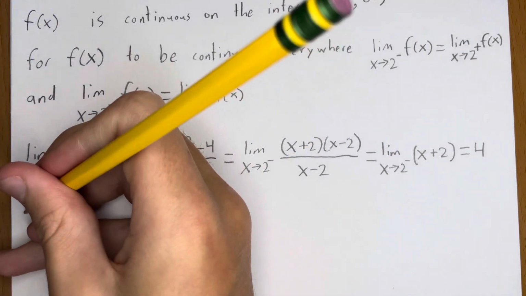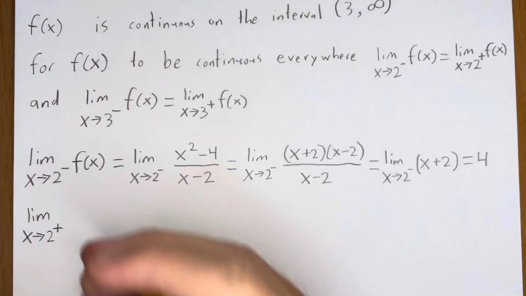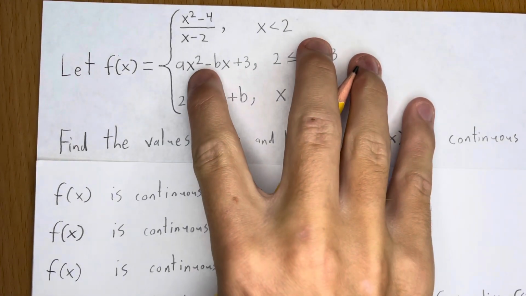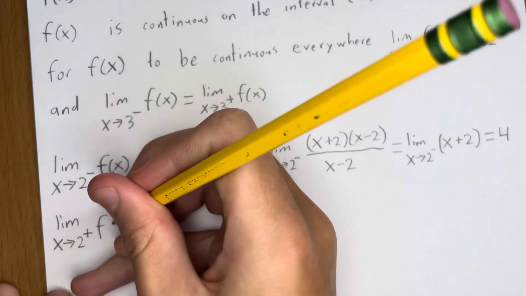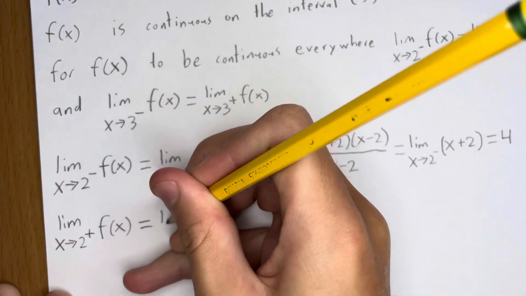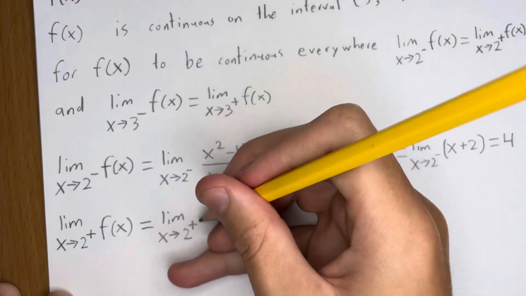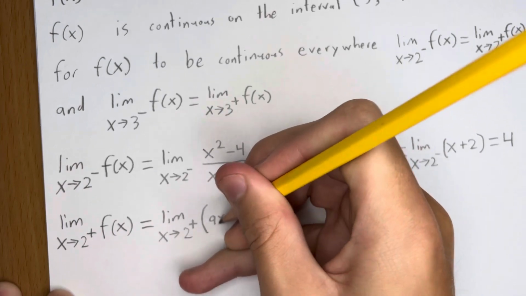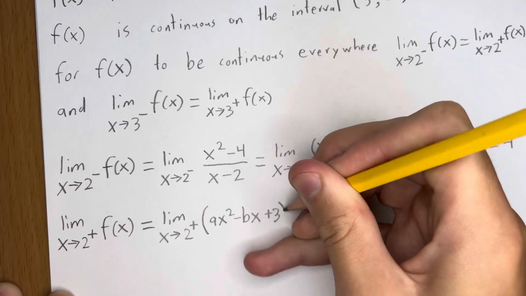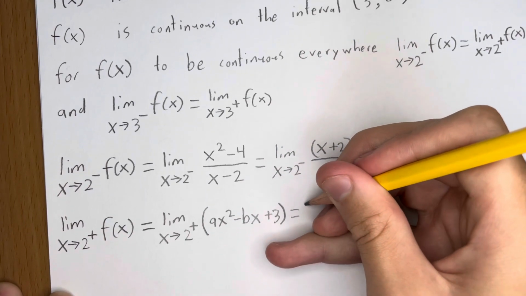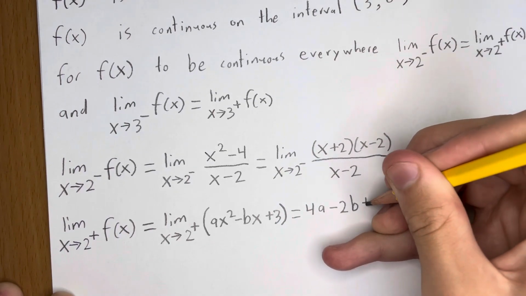Now we'll do our right limit at 2. When we're coming from the right side, we're going to be using this ax squared minus bx plus 3. So this is the limit as x goes to 2 positive of ax squared minus bx plus 3, which is equal to 4a minus 2b plus 3.